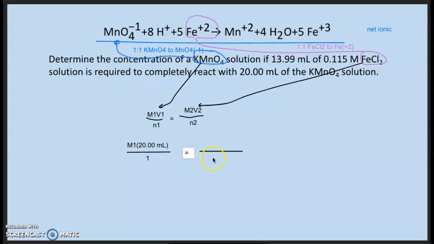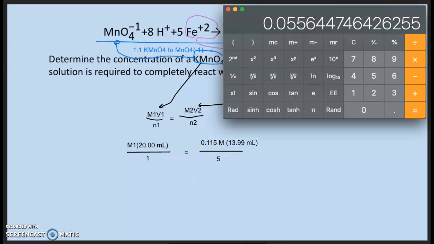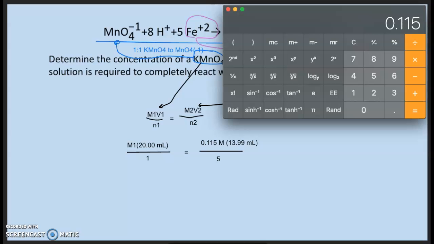And I know that that is equal to the data here for the iron, 0.115 molar times 13.99 milliliters, and the coefficient on the iron is 5. It's a 5-to-1 ratio. Well, if I figure all this out the rest of the way, what I'm going to have is the calculation on this side is going to yield 0.115 multiplied by 13.99 and divided by 5.